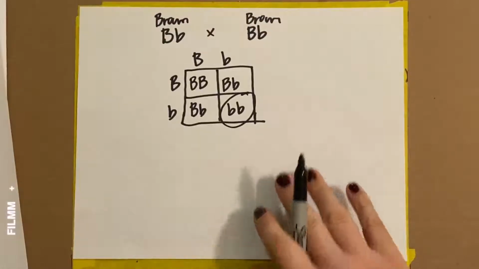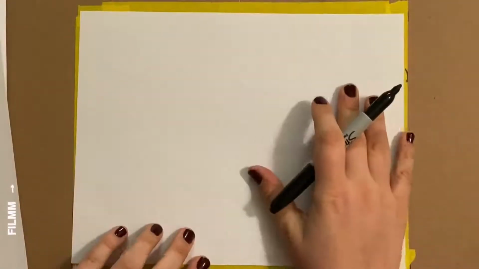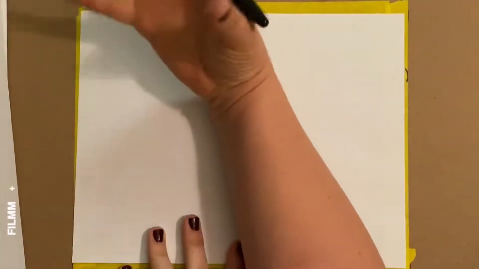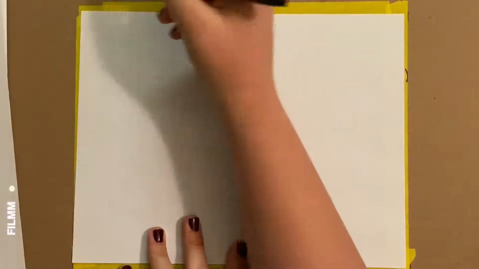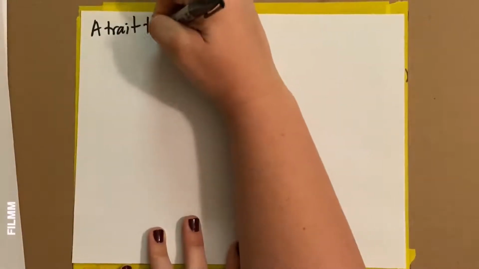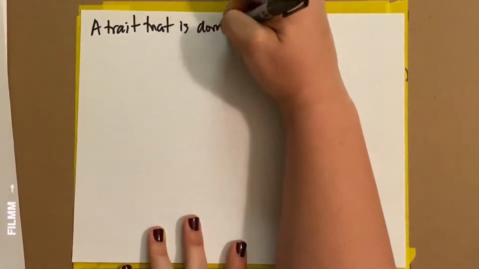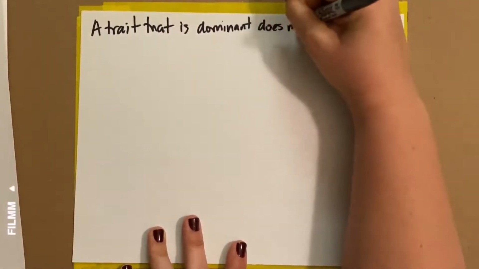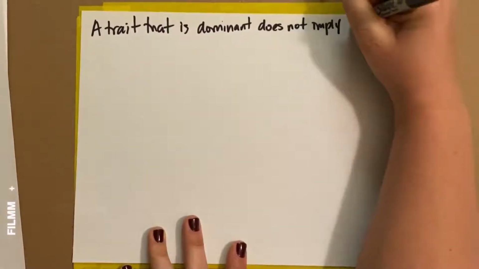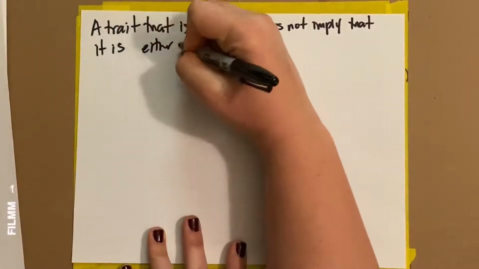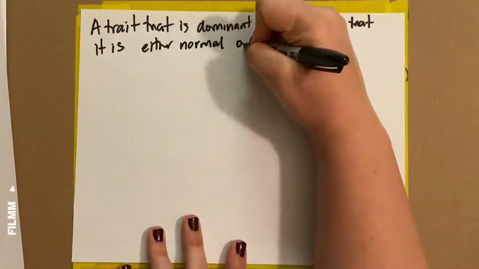What I wanted to mention a little more about human genetics is that a lot of times when we talk about traits as being dominant, I want to make sure you understand that that doesn't mean they're going to be dominant in the population. So a trait that is dominant, for example brown eyes over blue, does not imply that it is either normal or more common.